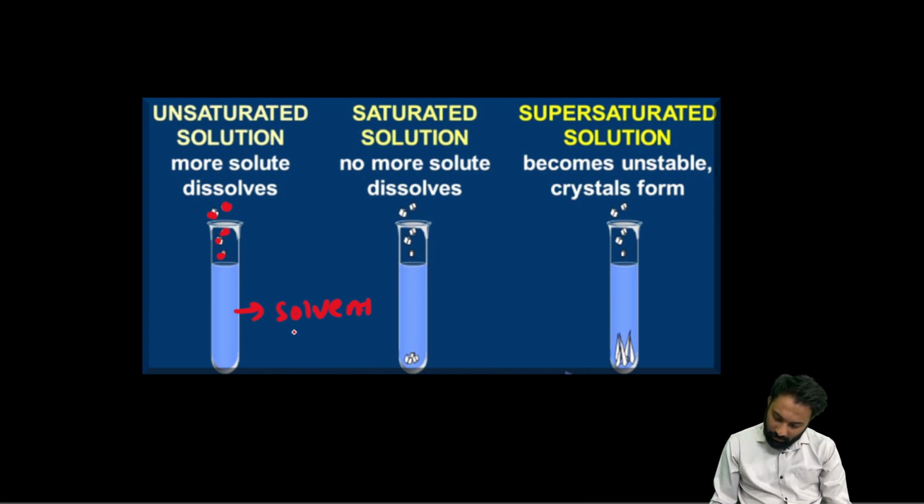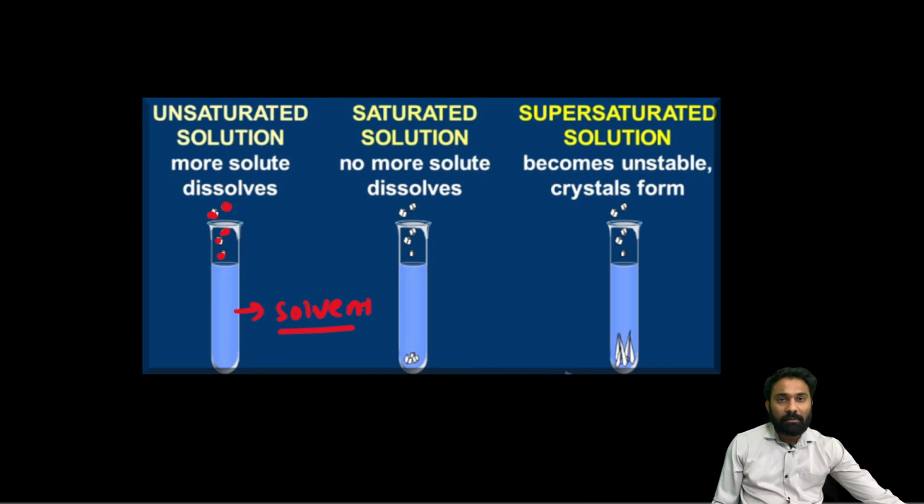When I add the solute to this solvent, the solvent dissolves that solute. That type of solution we call an unsaturated solution.